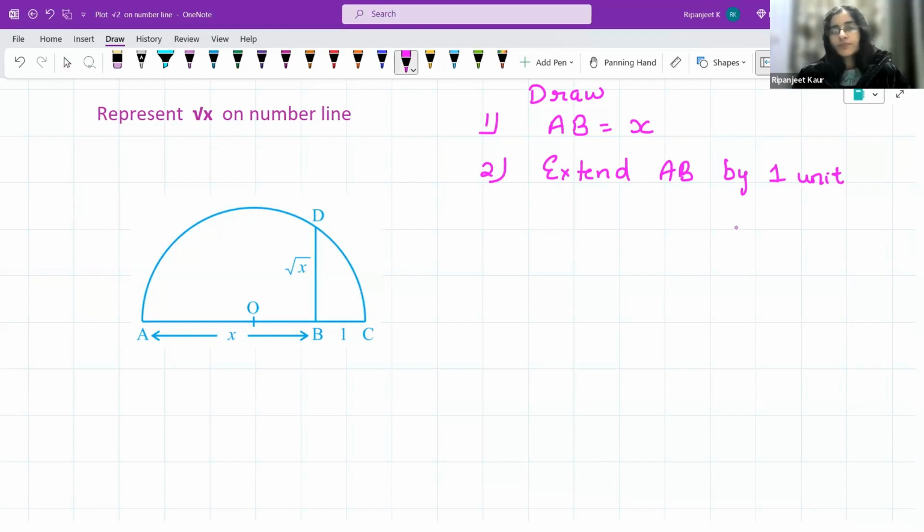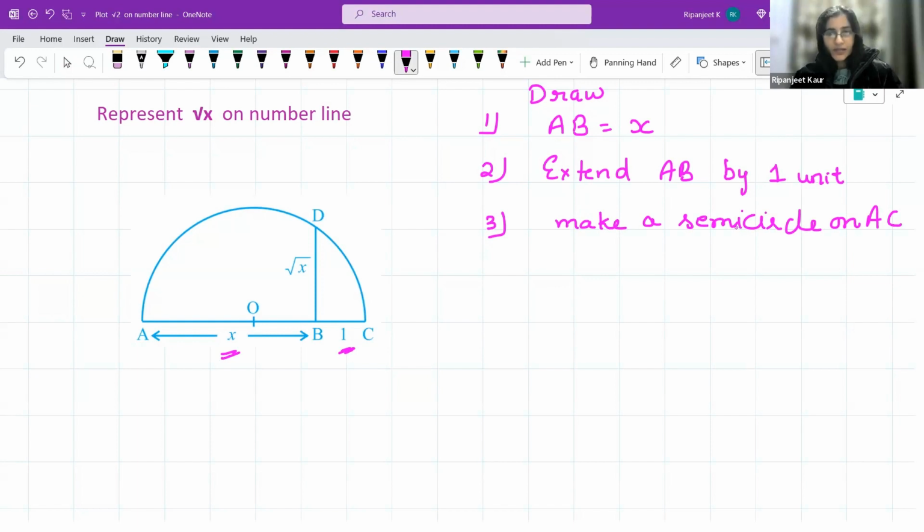Then what is the third one? The third one is make a semicircle on AC. C is the extended point 1 and this is x. Semicircle on AC. Now after making this semicircle by finding out the midpoint of AC, as we saw in the construction, what is the fourth point?